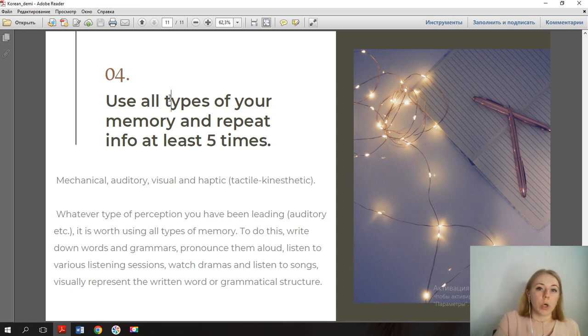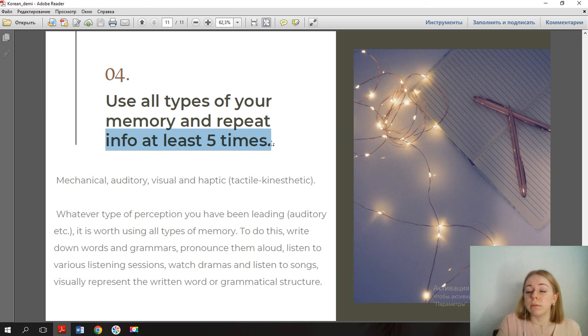And what I want to add to this information is why we have to repeat info at least 5 times. Why 5 times? Because the first time we just see the information and repeat it. For example, I study new words. I just look through them at first, and I will remember only maybe, if I'm not mistaken, 20%, something like that.